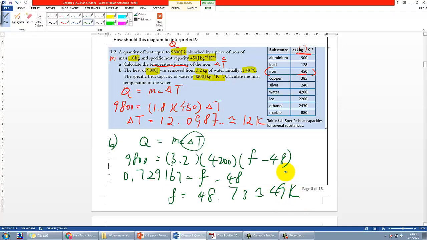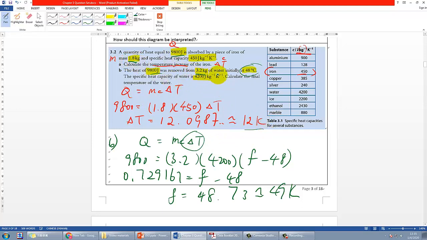So that will be the answer. So that means if you try to mix the iron with the water, and if that is how much energy is transferred, then yeah, water would actually lose 1 degree of temperature while iron would have gained 12 K in such mass.